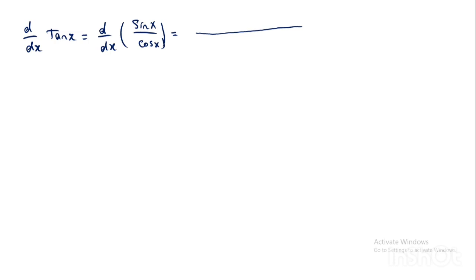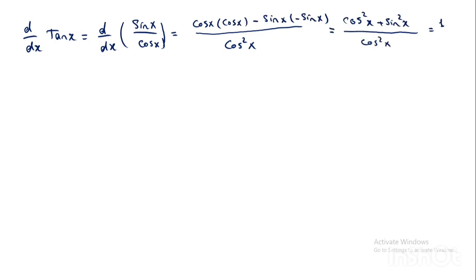We have cosine squared x here, and we use this from the division rule. So this is equal to cosine squared x plus sine squared x, which is equal to 1, over cosine squared x. So the derivative is equal to secant squared of x.